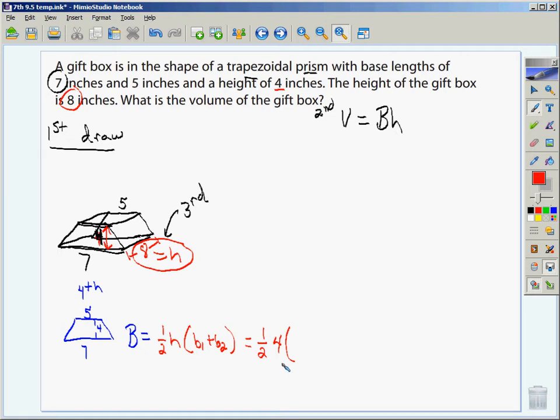So we have 1/2 of 4, the height, and the 2 bases are 7 and 5. Well, half of 4 is 2. 7 and 5 is 12. So we're going to do 2 times 12, which is 24.